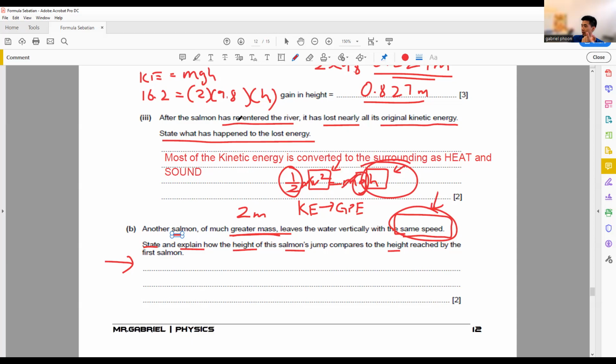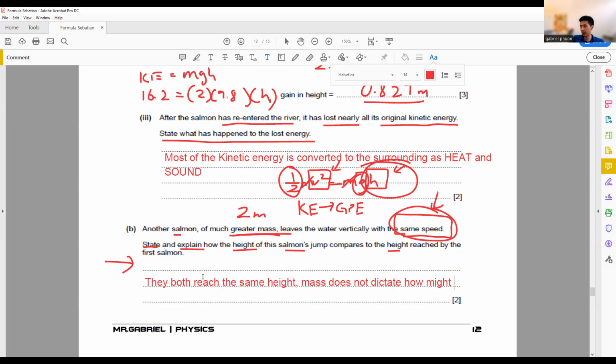So this is your reasoning. You're going to state that they both reach the same height. This is your statement. Then after, the explanation is: mass does not dictate how high the salmon jumps. Speed is the one that dictates how high the salmon jumps, not the other way around.